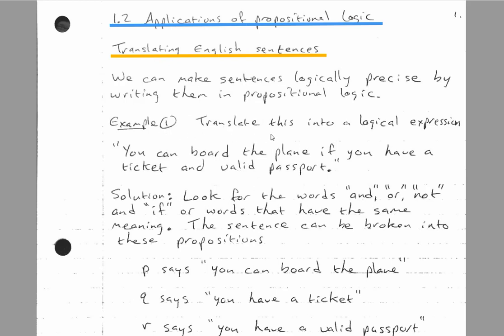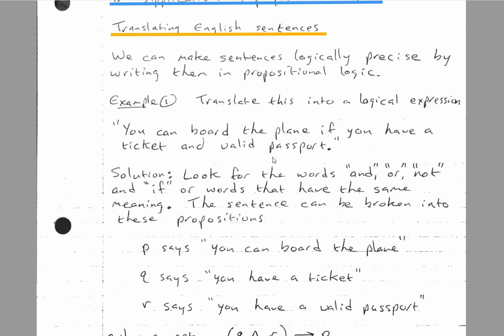Here's an example. Translate this into a logical expression. This sentence: you can board the plane if you have a ticket and a valid passport. So how can we turn this into a logical expression?